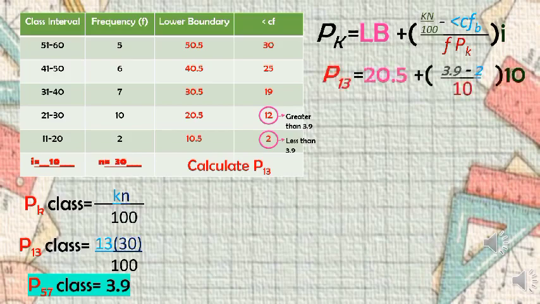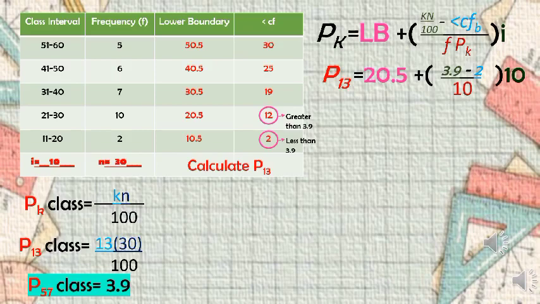Then, substitute the corresponding value. So, the percentile 13 is equal to the value of LB or lower boundary, which is 20.5 plus the quantity of the value of K times N all over 100 has already been computed, which is equal to 3.9 minus the less than cumulative frequency or CF which is 2 kasi before siya ng percentile class natin na 12.